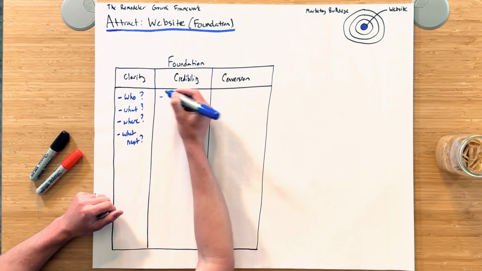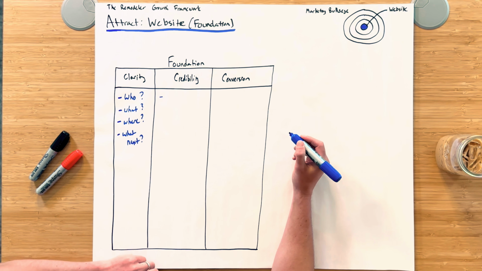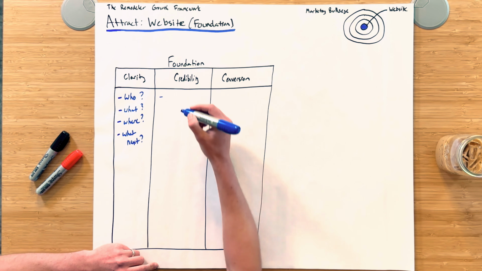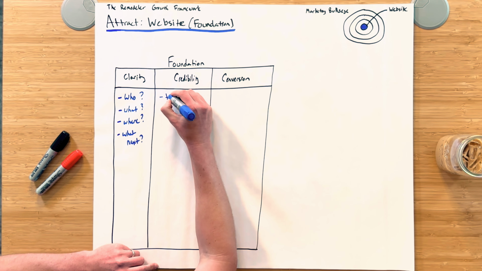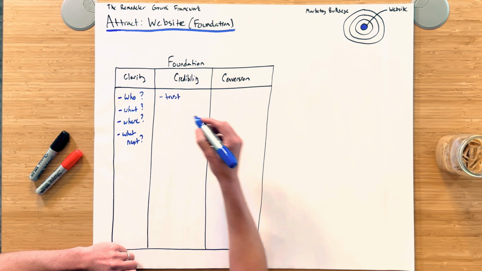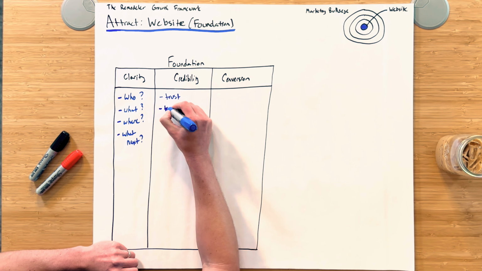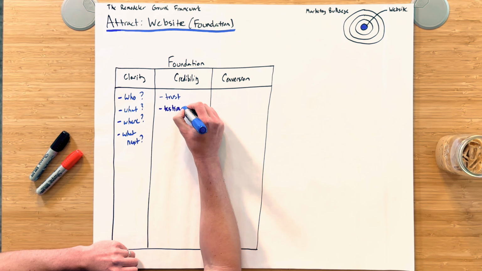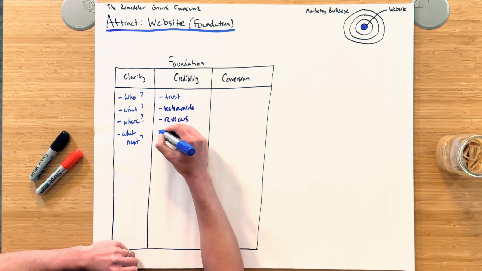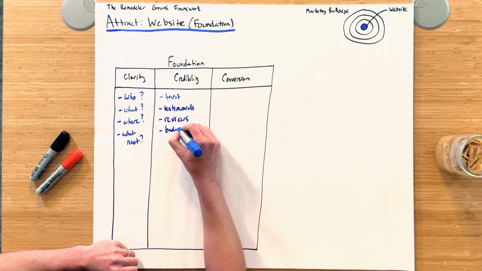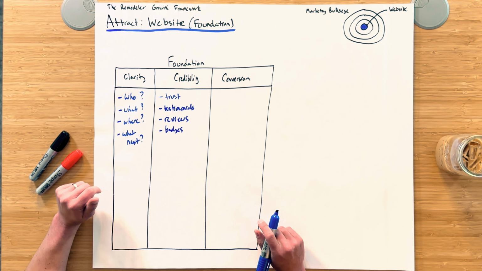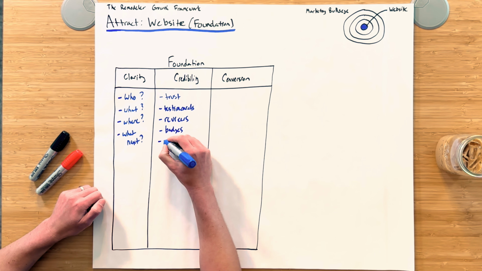So this is our next C in our 3 C's on the foundation. And this is really all about trust. And so we want to build trust. And we can do that in a number of ways. One is testimonials. We can have reviews. We can have badges. Those are like your associations. So that might be if you're a member of the local NARI or anything like that.